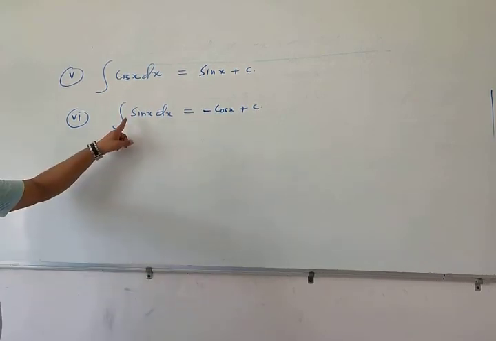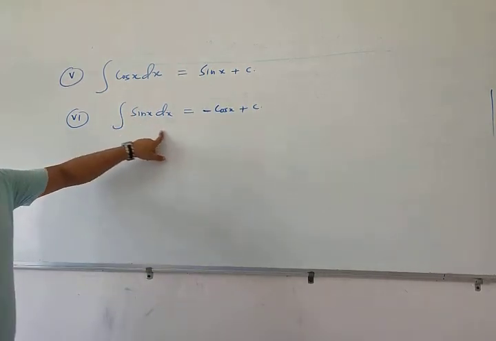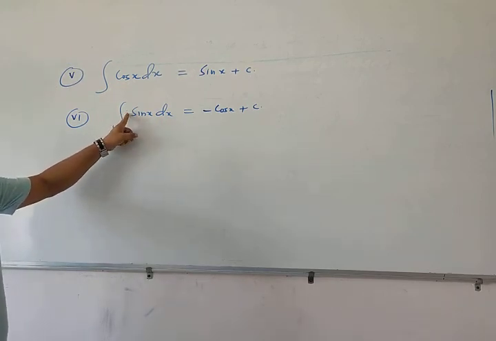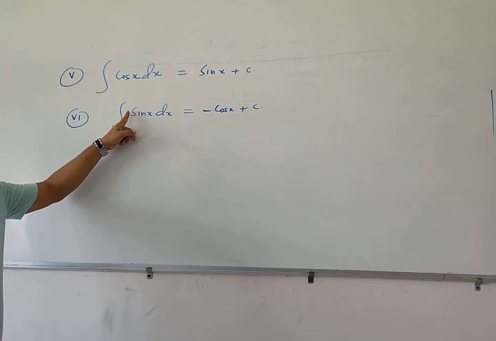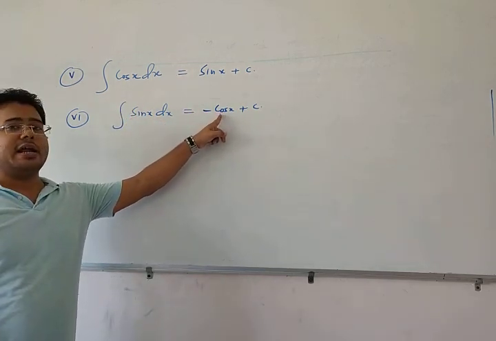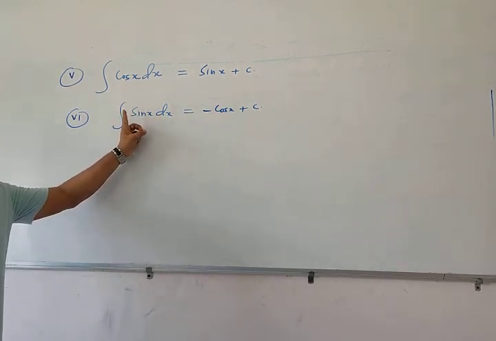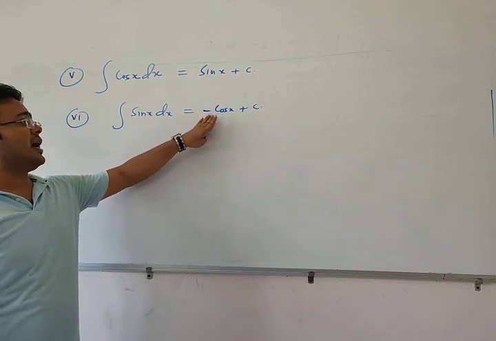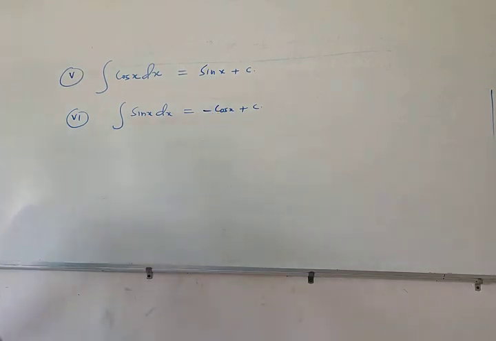I hope you understand. We do not put the negative sign here. We put the negative sign on the right hand side. You can also write this, but it is good to write the negative sign on the right side.